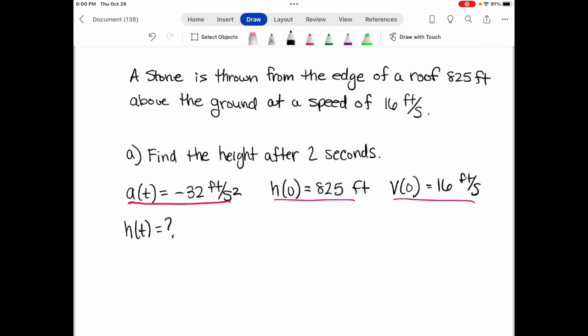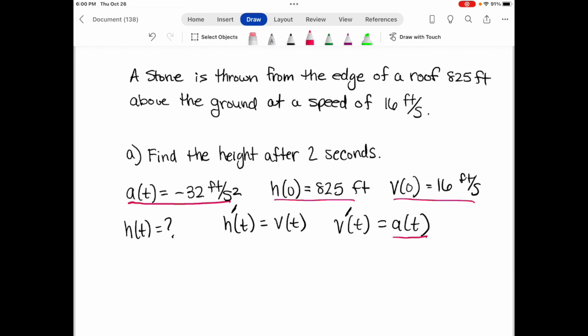Now, given the information to us, what we can do is we can use the idea of the antiderivative and we can work backwards. So if we think about what we do when we're going forwards, if I take the height function and I find the derivative, that's going to give me the velocity function. Then if I take the velocity function and find the derivative, that gives us the acceleration function.